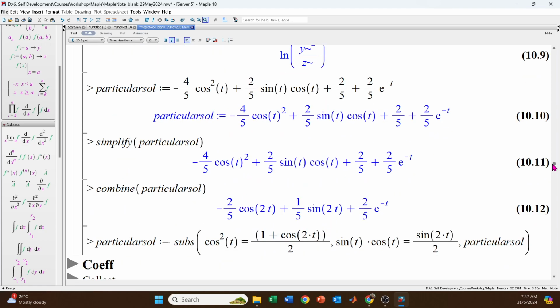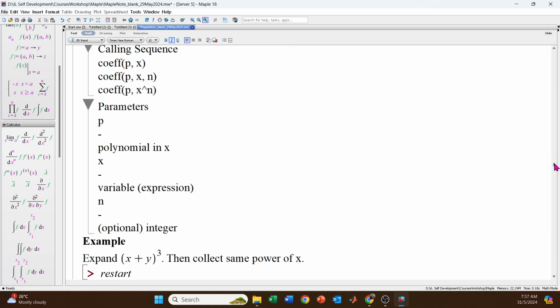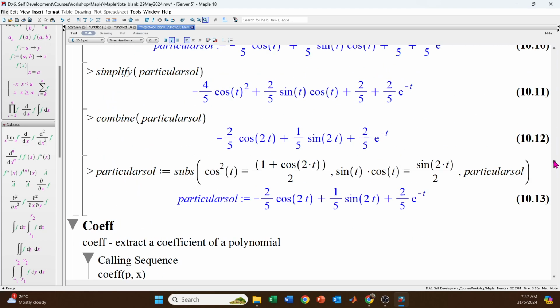If you do it manually, you substitute cos squared t equal to (1 plus cos 2t) divided by 2, and sin t cos t is half of sin 2t. You get the same solution as what combine gives. So sometimes you simplify a certain expression and it won't simplify, then you use combine.